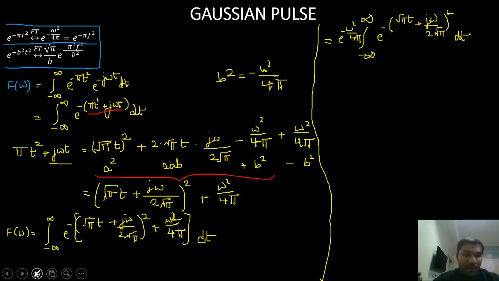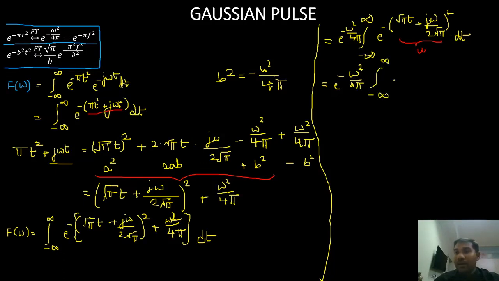Now I'll make a substitution here. In place of this, I'll take u in place of root pi t plus j omega by 2 root pi. So how will that change now? It is equal to e power minus omega square by 4 pi, integral minus infinite to plus infinite, e power minus u square.